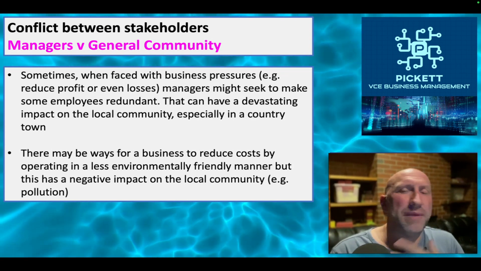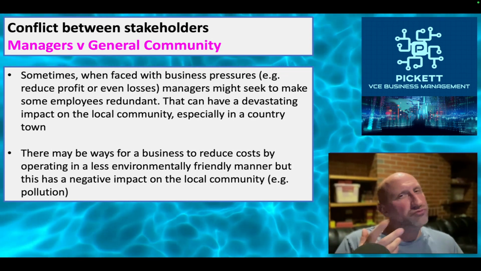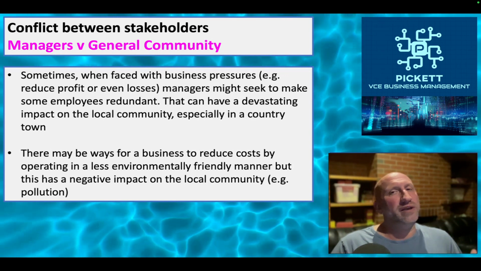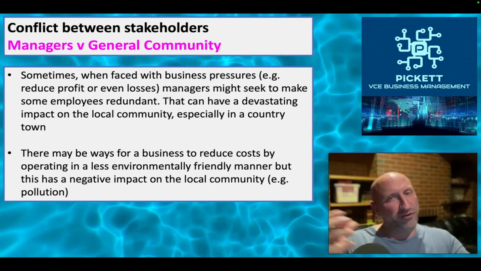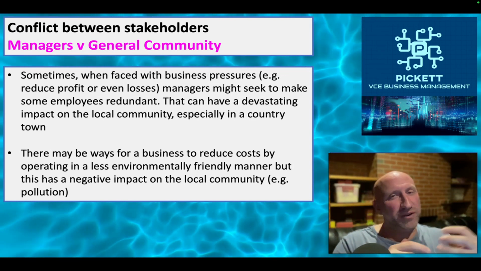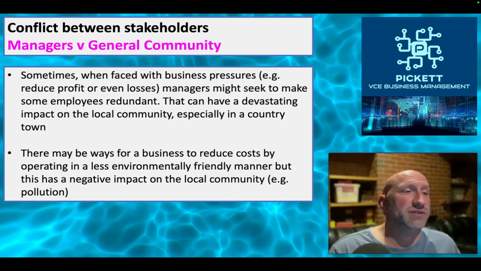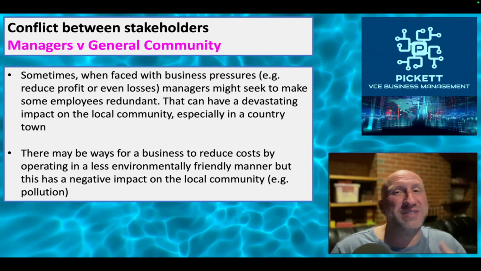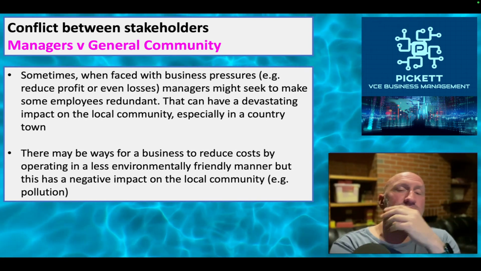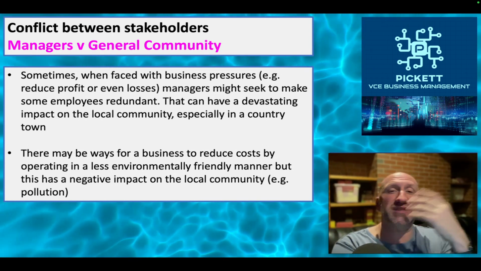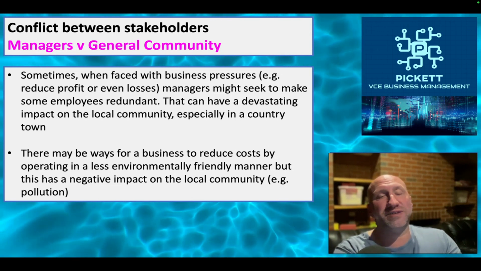The last one I think we're going to talk about, managers versus general community. So this gives you a good range of different scenarios or different combinations of stakeholder conflict that you could talk about. Sometimes when faced with business pressures, for example, reduced profit, or even if a business is making a loss, managers might seek to make some employees redundant. It's one of the most common ways.